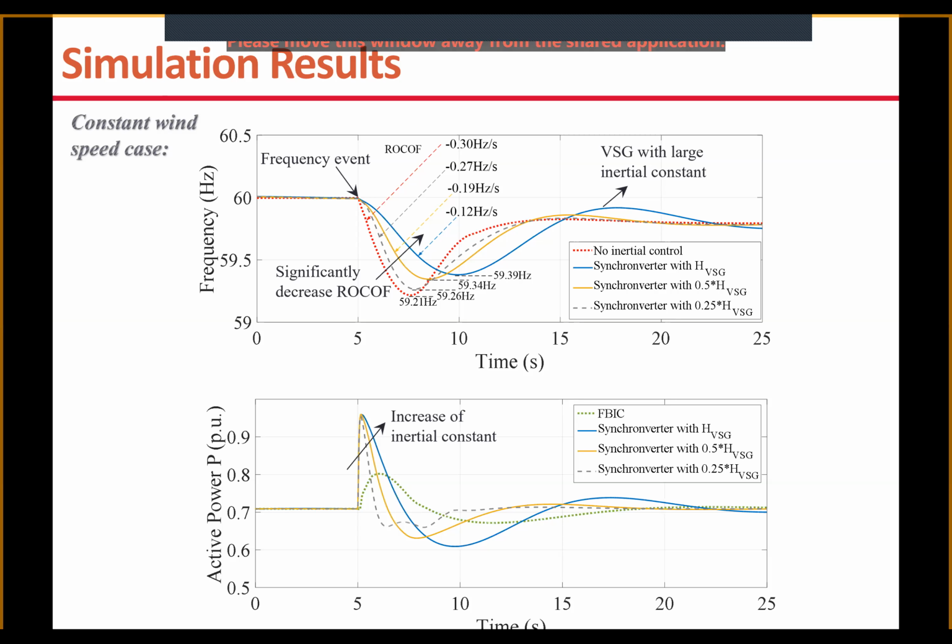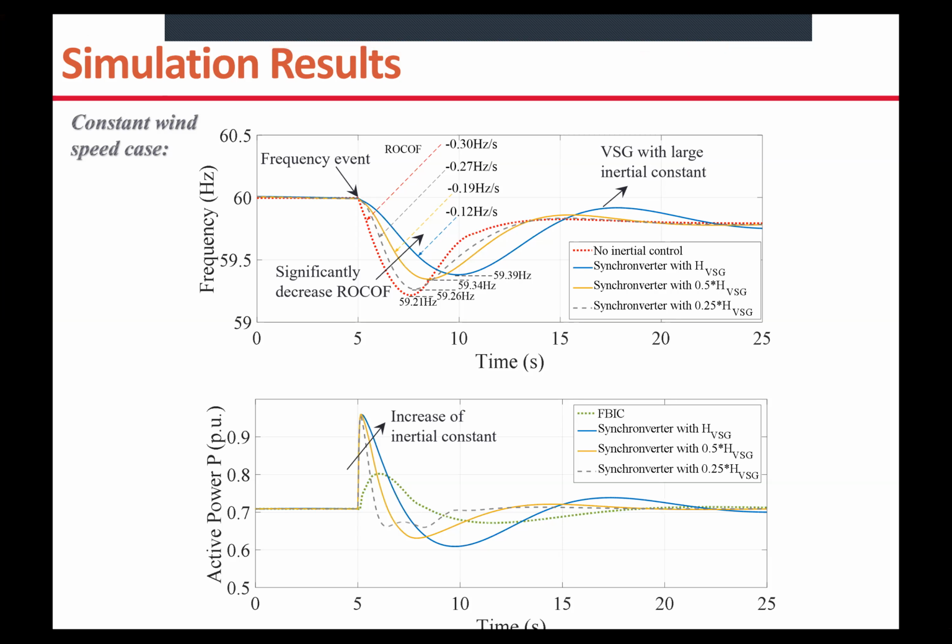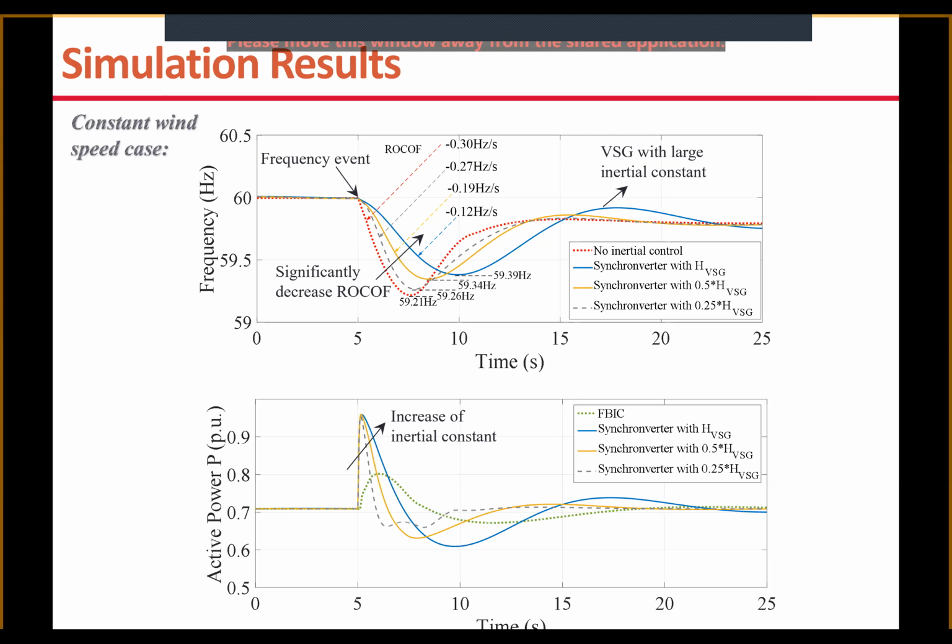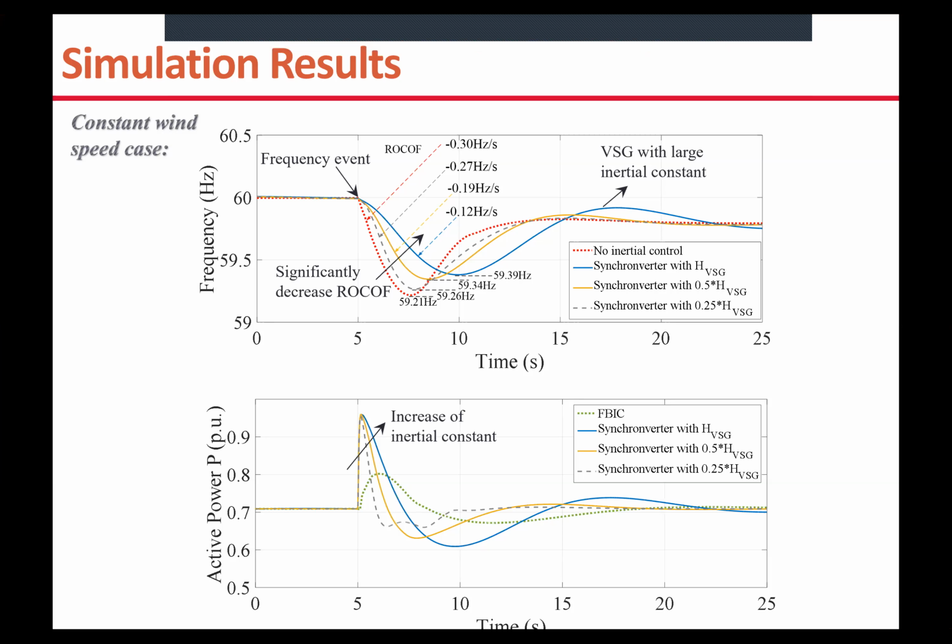And these are different responses with different design parameters, the H_VSG. This is the inertial time constant we can adjust when we design the controller. And this is active power versus time. This one is the active power control method, and the other three are for the VSG controller with different constants.